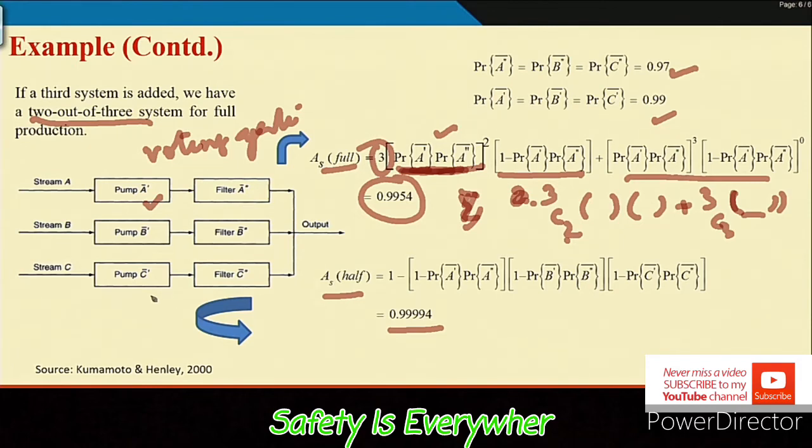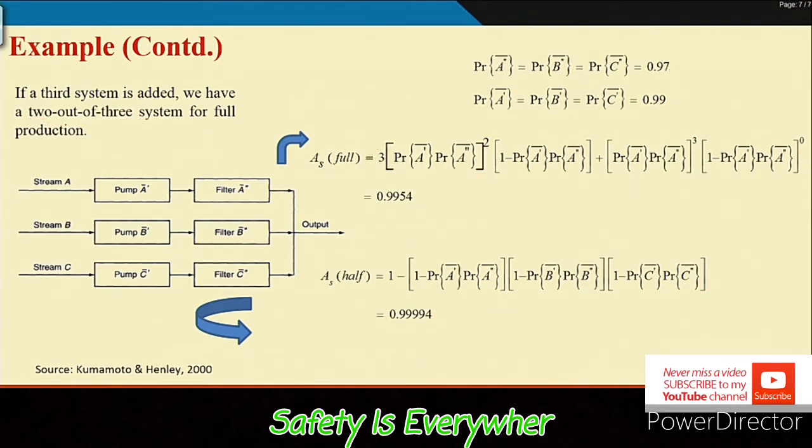So, 1 minus no production will be AS half. Here this is the probability for this not working, this not working, this not working. As 3 identical streams are there, they are multiplied and you get this probability value. Okay. So, I think now you understand the application of binomial theorem here.